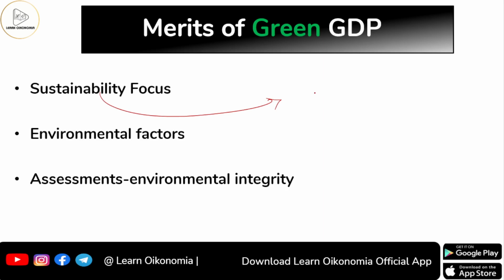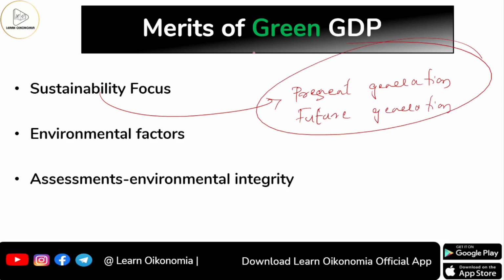So when we focus on sustainability, we ensure that the present generation is doing something without compromising the needs and wants of the future generation. So we will be focusing on the present generation and the future generation simultaneously. So this will happen in the scenario of green GDP.